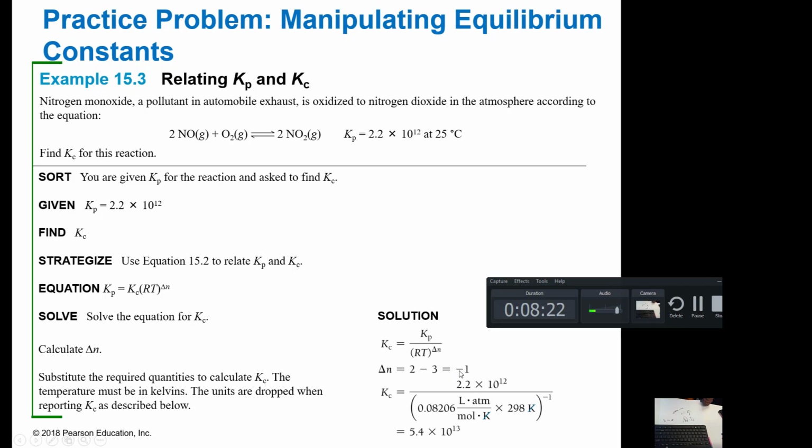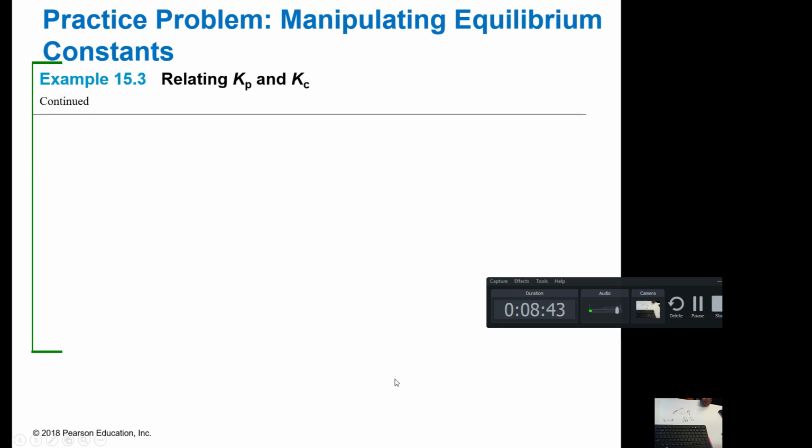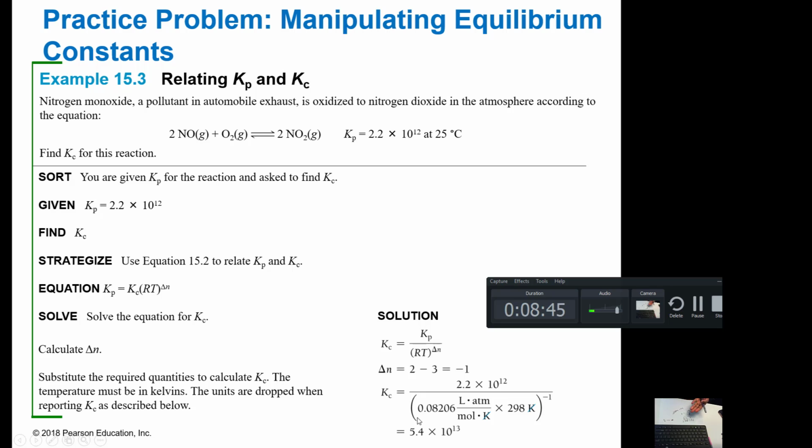So it is (RT) to the -1, because on this side you have 2 moles, and on this side 3. 2 minus 3 is -1, so delta n is -1. So you apply this and then get the answer. Please practice this, applying these numbers with the calculator.